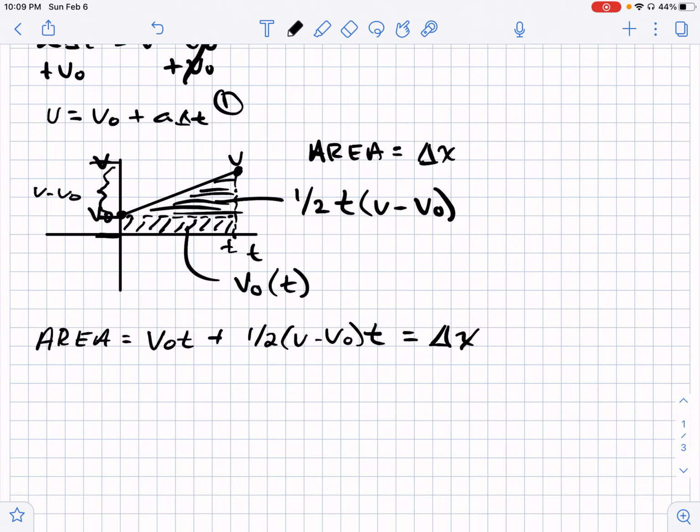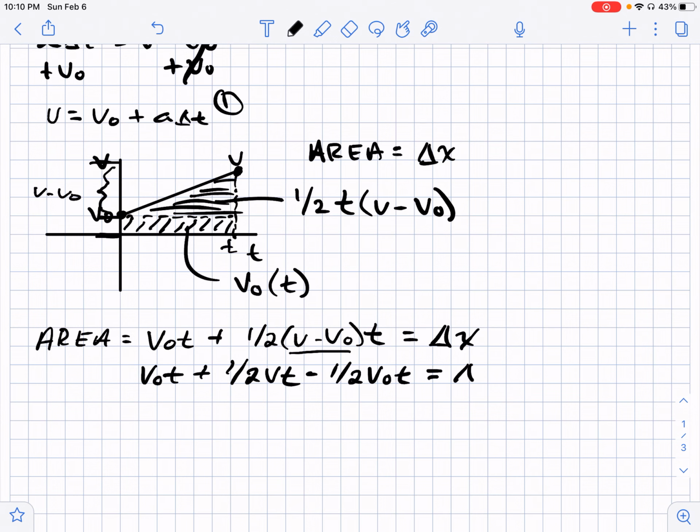So we're going to do a little bit more deriving here, so we can combine some of these like terms because we have that v naught in there twice. So first step is let's distribute that 1/2 and that t into this parentheses right here. So I would be left with v naught t plus 1/2 v times t minus 1/2 v naught t.